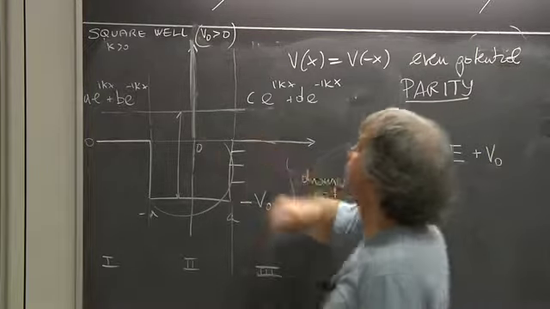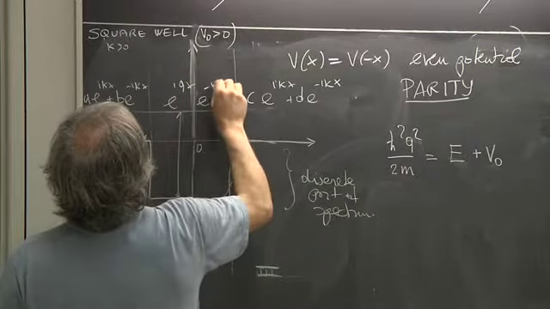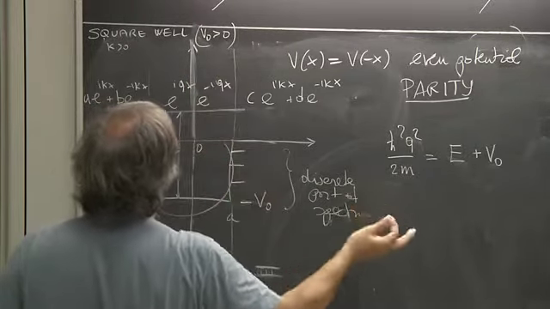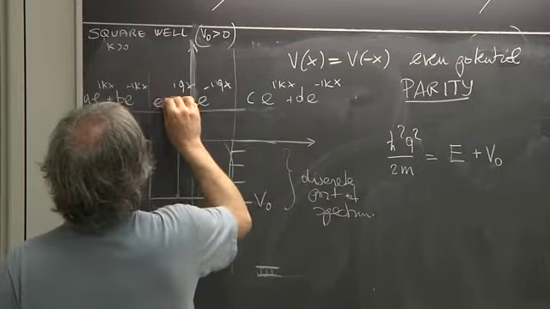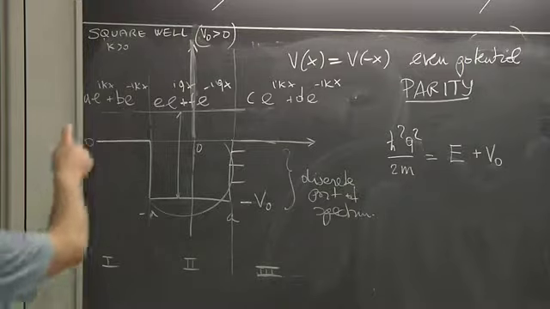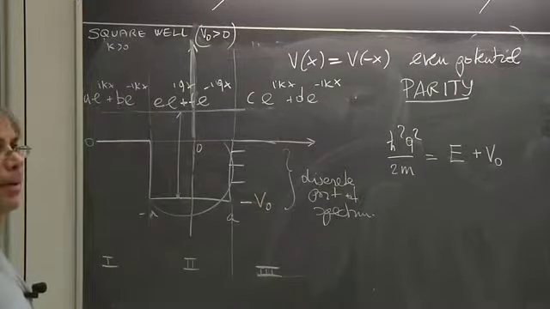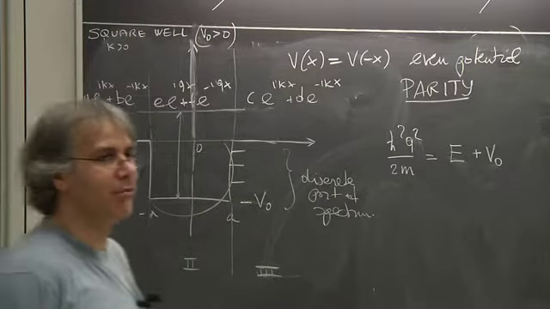So in this region it is e to the iqx and e to the minus iqx with two more constants, say E and F. So you see total 1, 2, 3, 4, 5, 6, okay? Numbers of things proliferate.